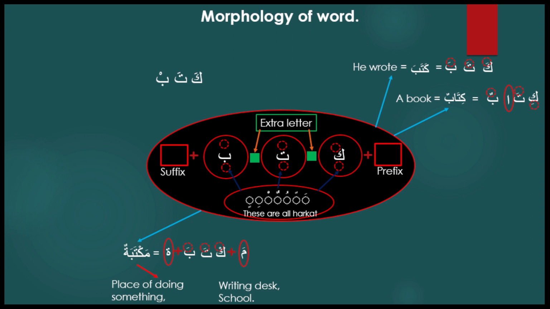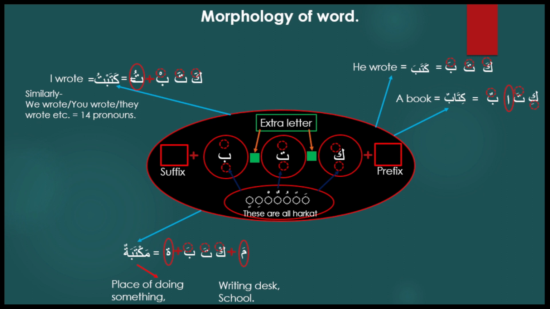We can see ka, ta and sukun on the ba, the third letter, and if we put tu as a suffix, we will have katabtu. Katabtu means I wrote. Similarly, we can write we wrote, you wrote, they wrote, etc. There are 14 pronouns in Arabic, so we can make 14 words similarly.